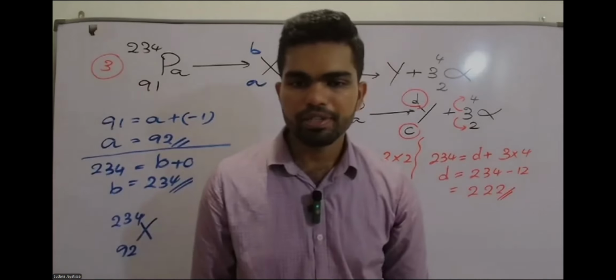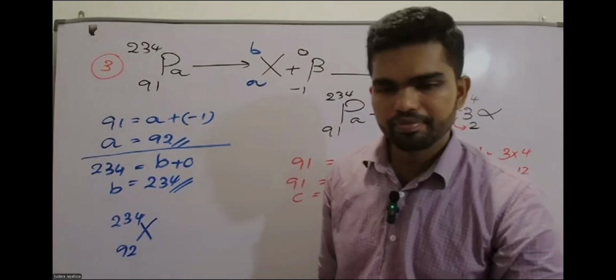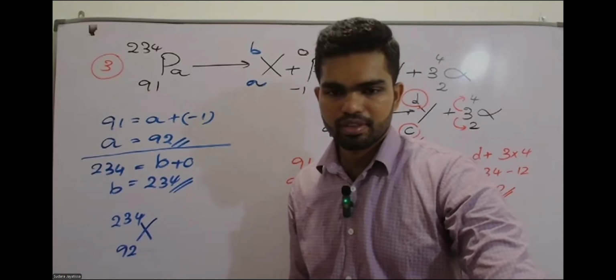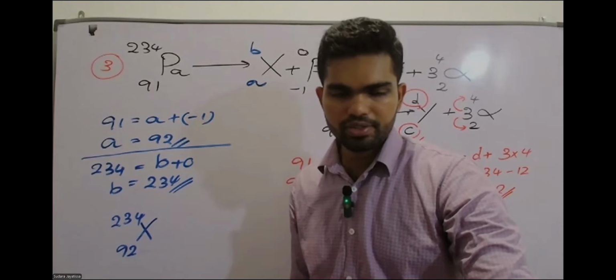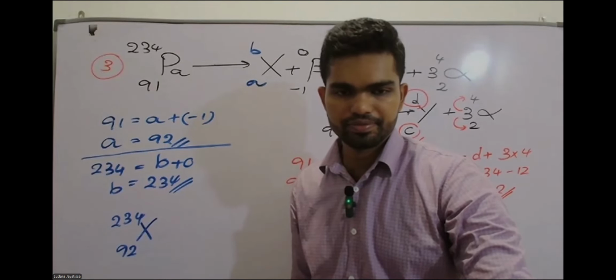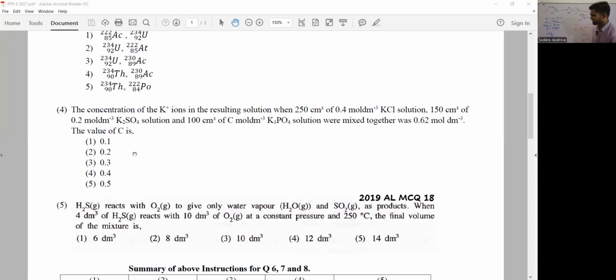We have a small problem from chemical calculations. First of all, let's go and see the question. It's about potassium ion concentration. In this week, we are going to try similar types of questions as the next level of chemical calculations.